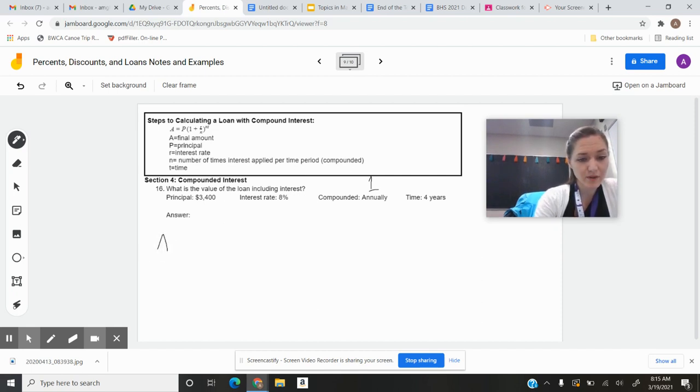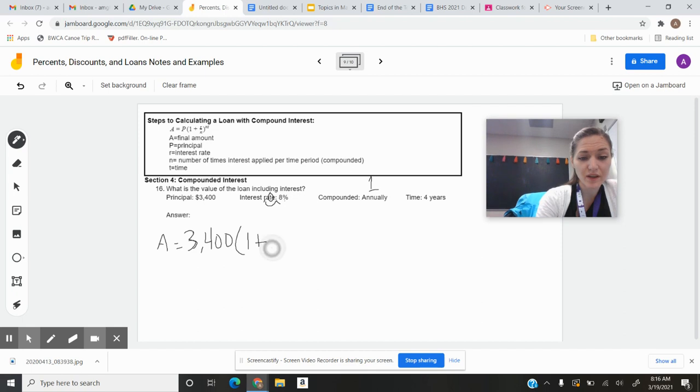So A, that's what we're looking for, equals our principal, 3,400, multiplied by 1 plus R, the interest rate. It's in percent form, so we need to quickly convert that into a decimal by moving the decimal point over 2 spots.